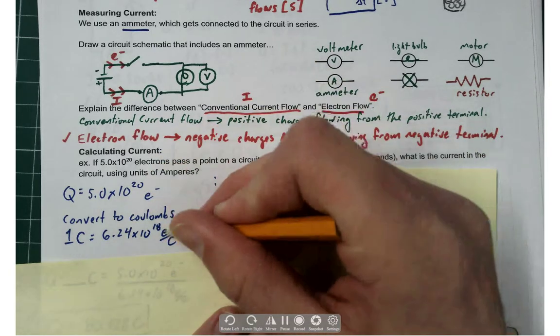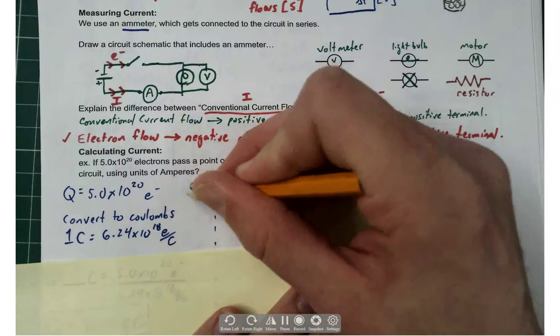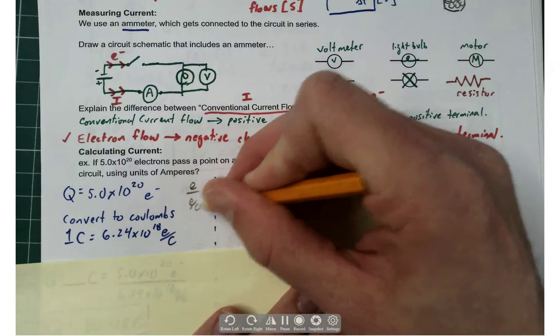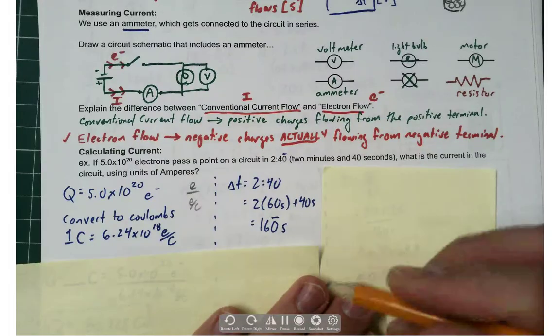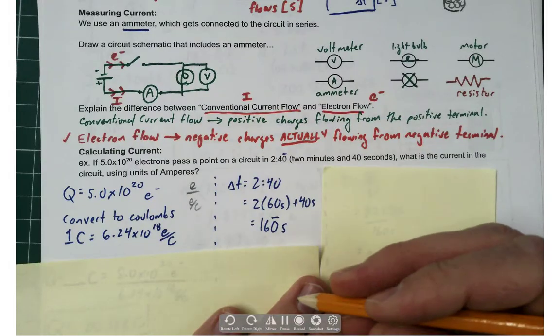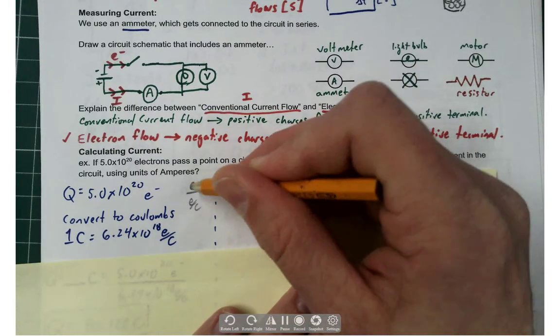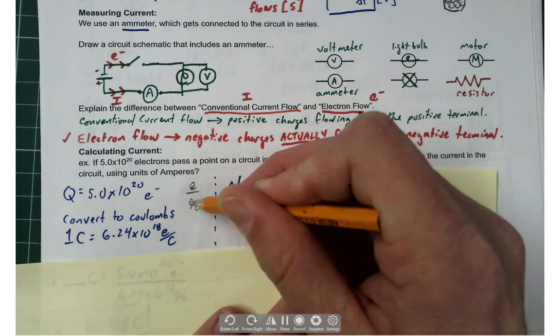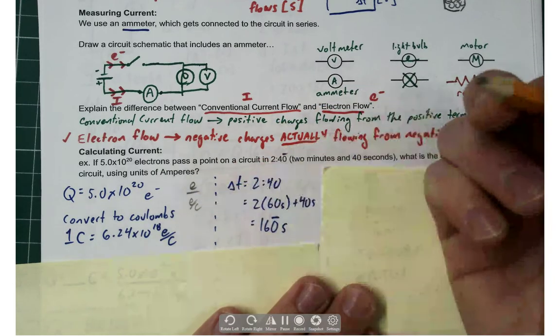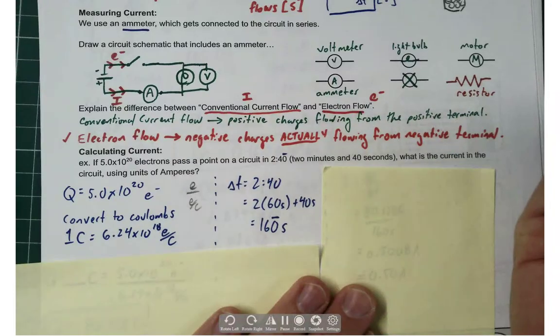Electrons is just what we're counting. But if I have electrons divided by electrons per coulomb, can you see that the units in the denominator are going to invert and put coulombs in the numerator? And so that tells me that if I want to know how many coulombs there are, I have to take the number of electrons divided by the number of electrons per coulomb. That would tell me how many coulombs I've got in my pocket, right?